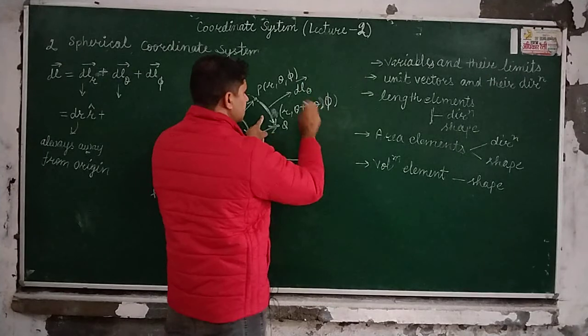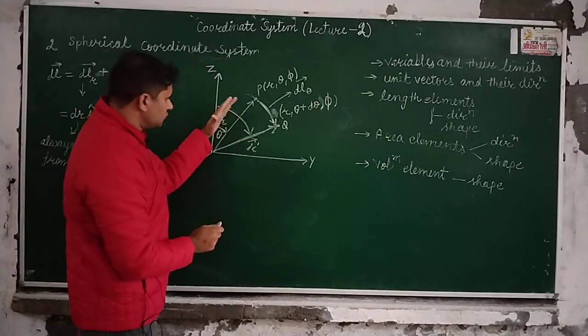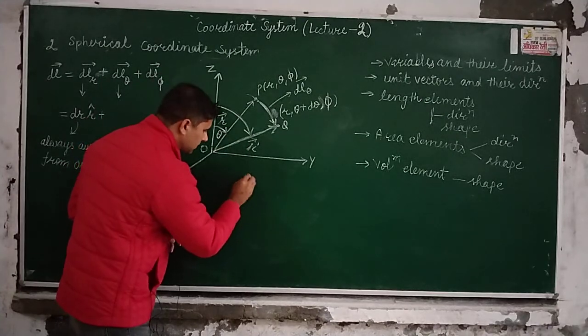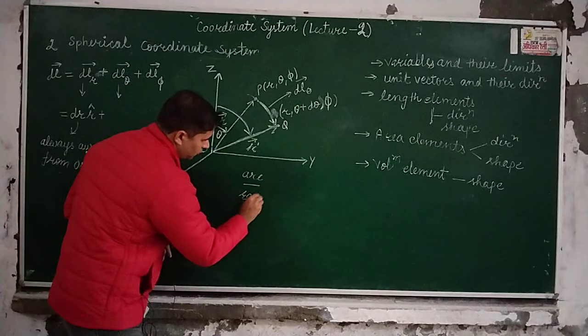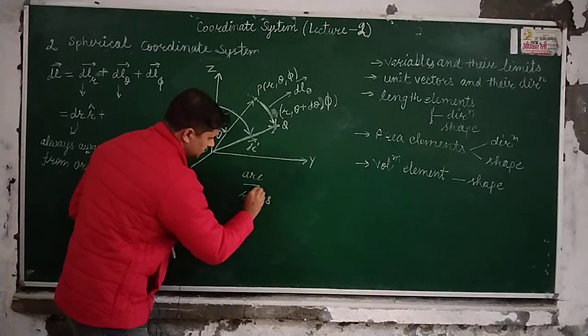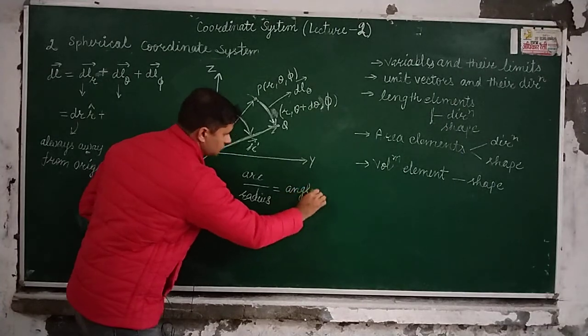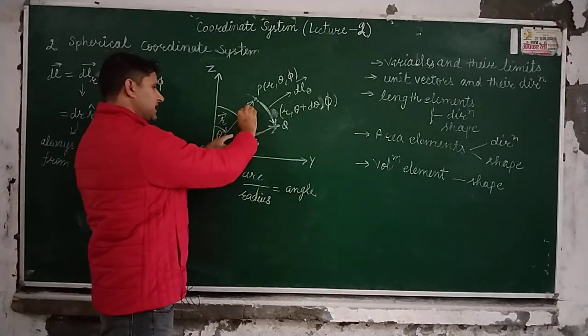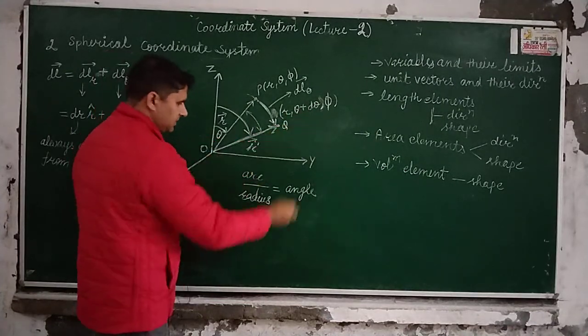I will represent this length element by dl theta. Now if we make use of the simple geometrical formula, arc upon radius equals angle, here you see what this angle is. This angle is d theta, you can observe from here.